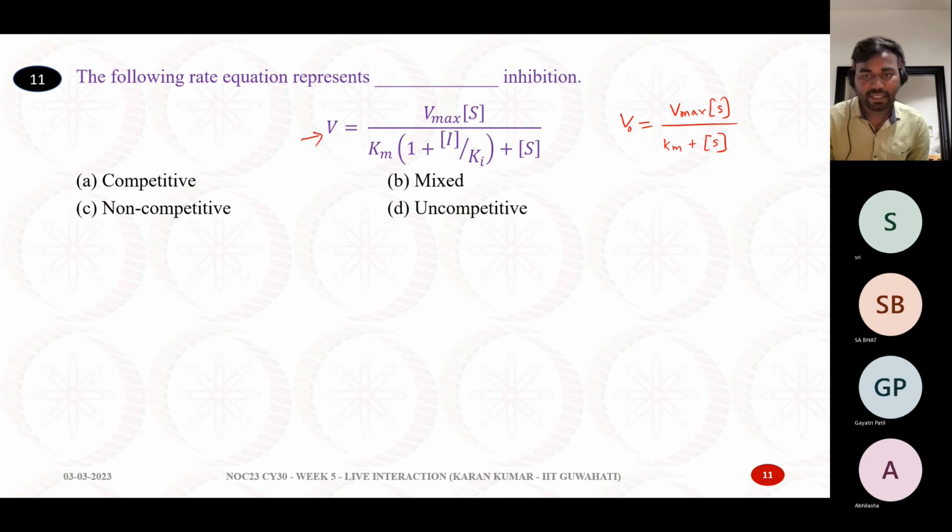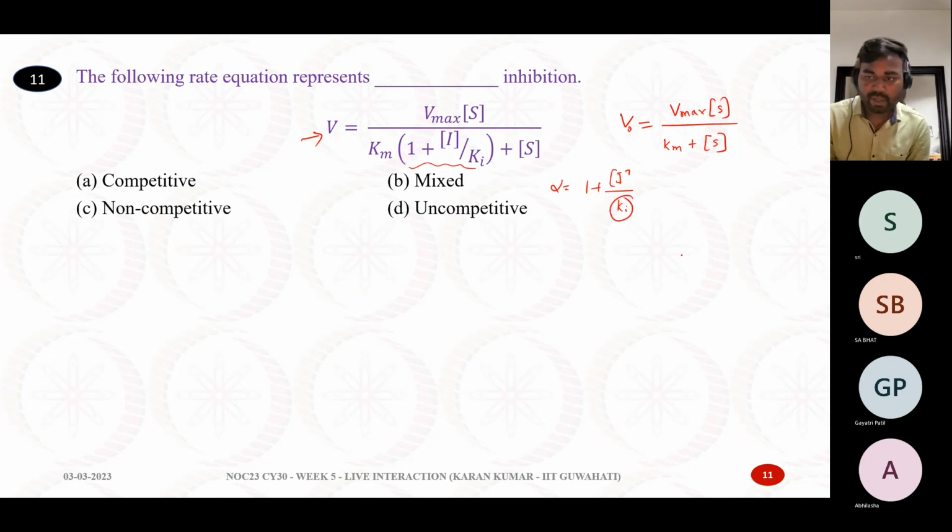Vmax is changing or Km is changing? Sir, Km is changing. Km is changing. It is now alpha Km. This is what alpha represents, right? Alpha is equal to 1 plus I by Ki. Okay. Now your Km is changing.